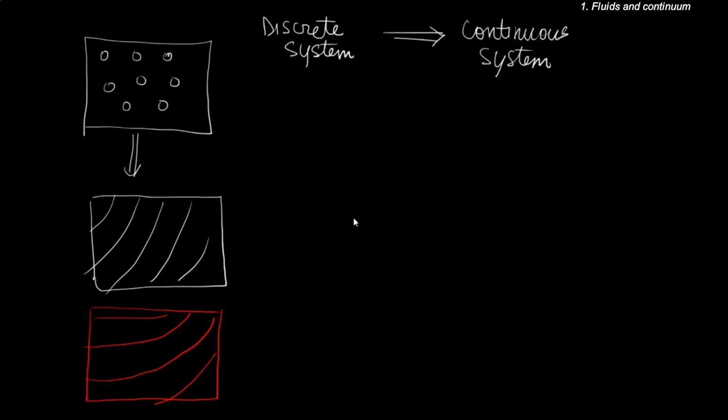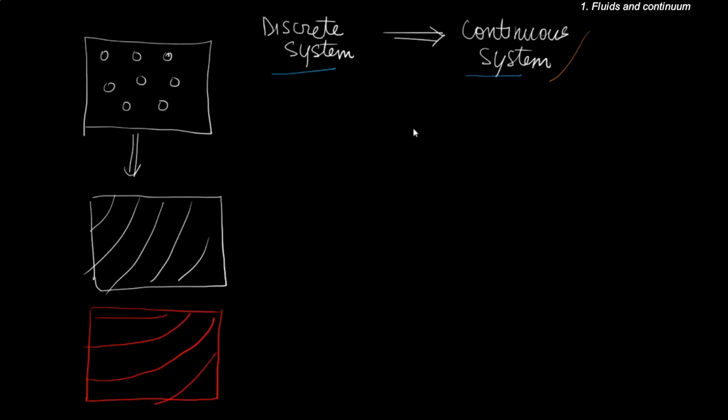These are just iso contours. So I don't want to describe the system as a discrete entity, but rather as a continuous system. So under what assumptions can we describe a system which is comprised of a large number of discrete entities as a continuous system?